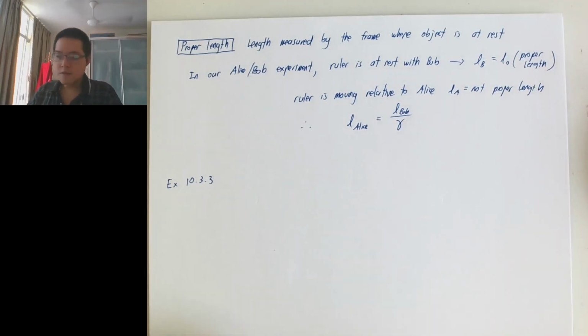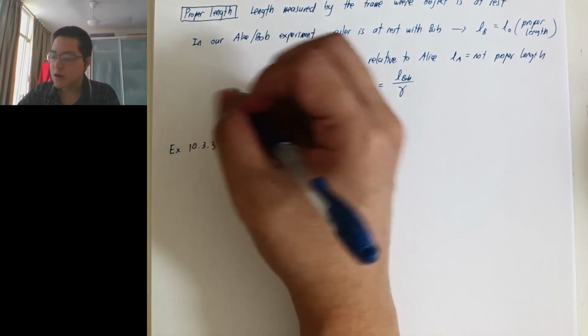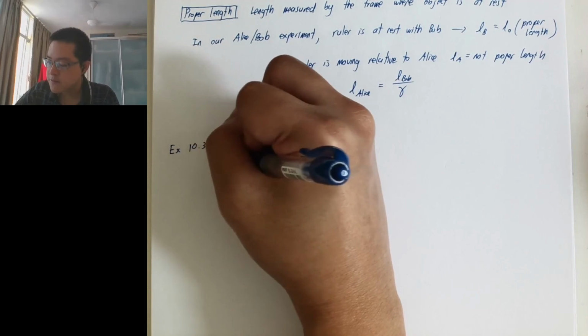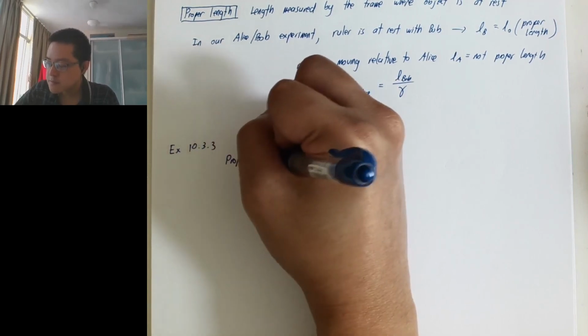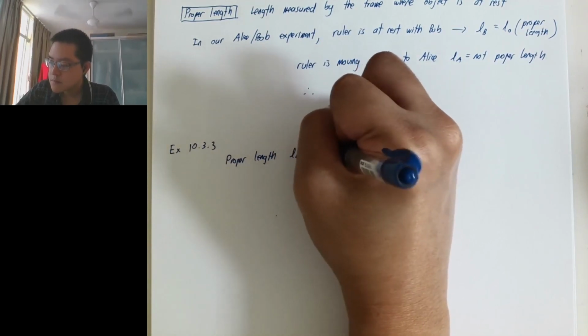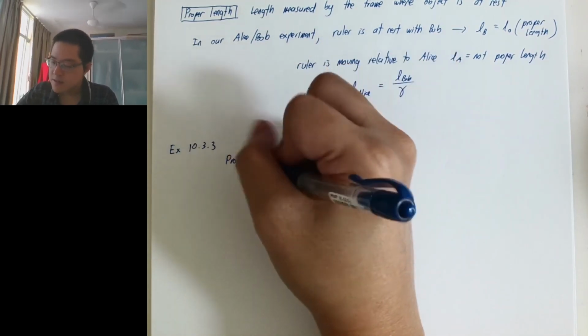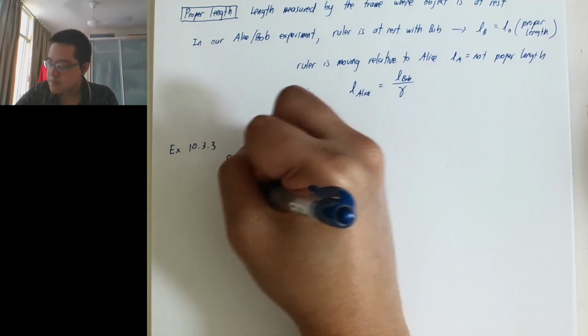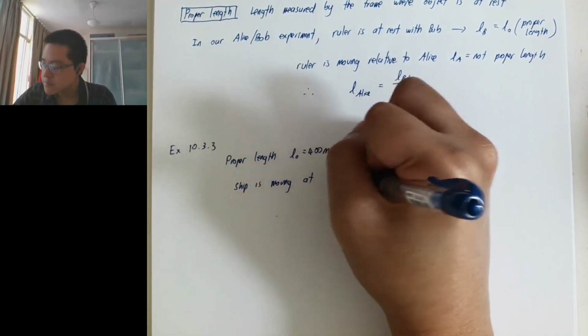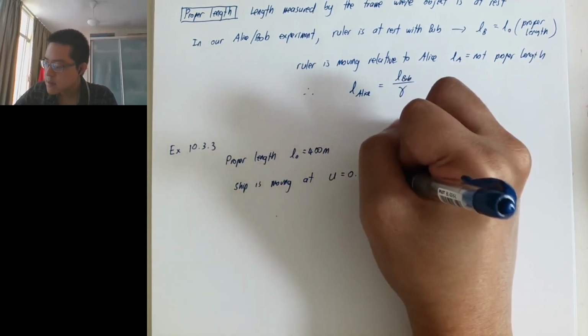The crew on the spaceship measures 400 meters, so the proper length is 400 meters. The ship is moving at 0.99 c relative to Earth.